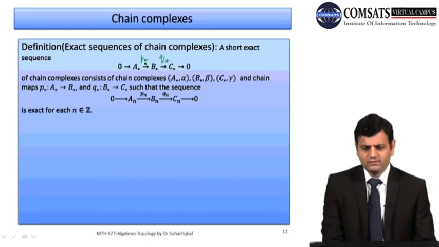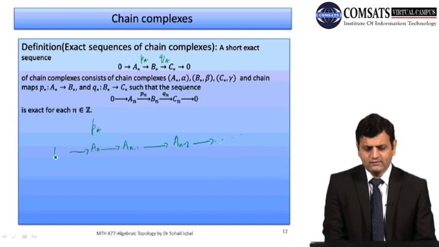Remember that this P star, sometimes denoted P sharp, is basically a sequence of homomorphisms. In A star we have An, An minus 1, An minus 2, and so on, and An plus 1.